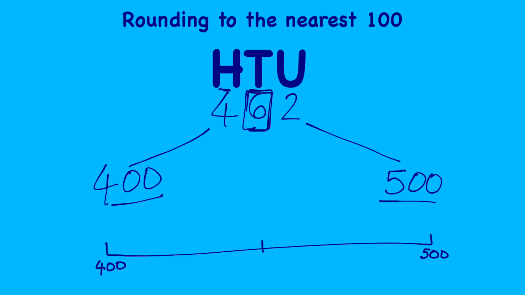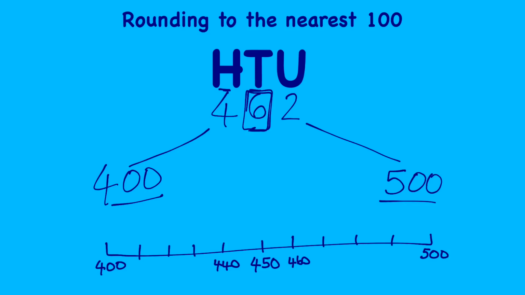So if we draw ourselves another number line, I can see that 400 is going to be at one end and 500 is going to be at the other. So 450 is roughly going to be there, and then we'd have 10, 20, 30, 40, and then 60, 70, 80, 90. So roughly we can see that, well, this would be 440 here, this would be 460. So I'm looking at the number 462.